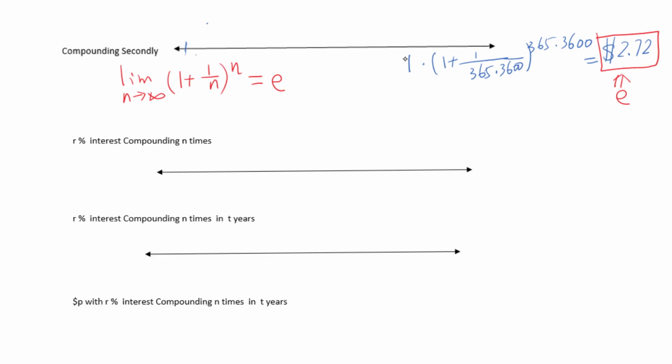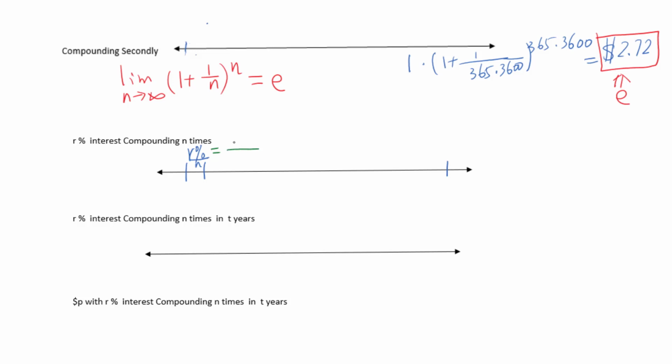This time, let's calculate. You still have $1 and r percent interest compounding n times in a year. How much will you turn $1 into? So in a year, compounding n times, it will be r percent divided by n.